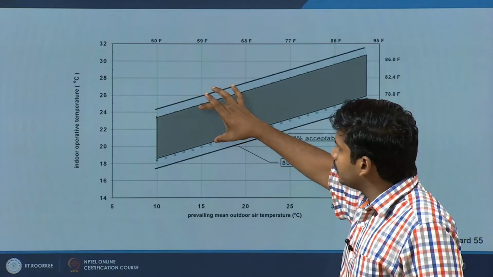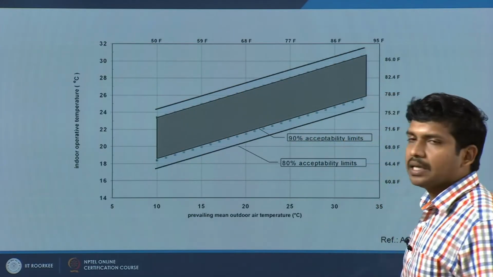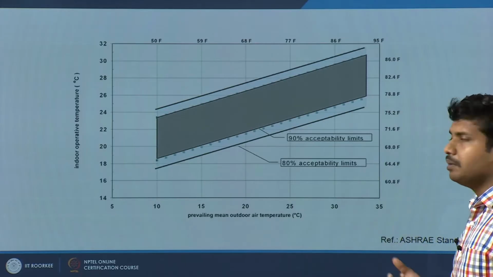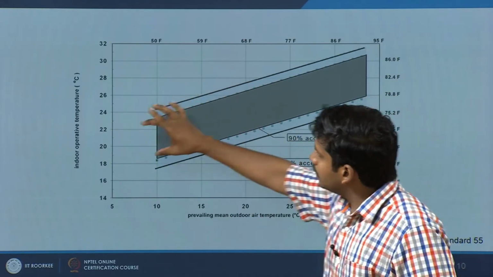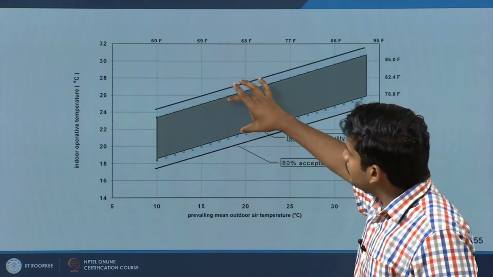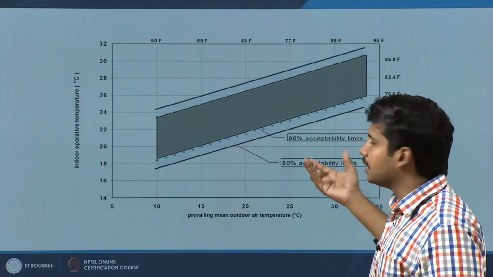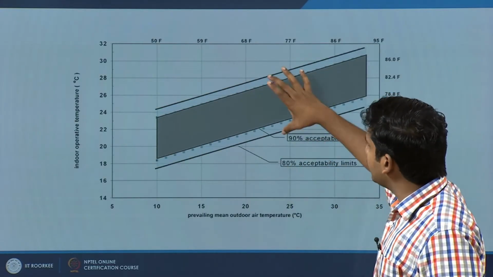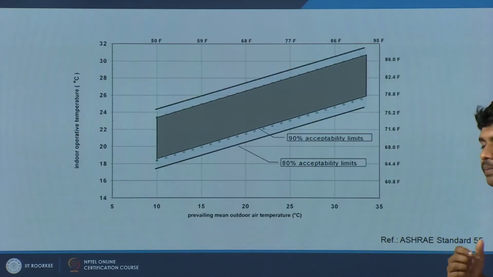The first two, the inner set, make this shaded portion, which says 90% acceptability limits. So, when the prevailing mean outdoor temperature is like this, this particular operative temperature set is said to be acceptable at the 90% acceptability limit, then the next broader one is acceptable by 80% of people.